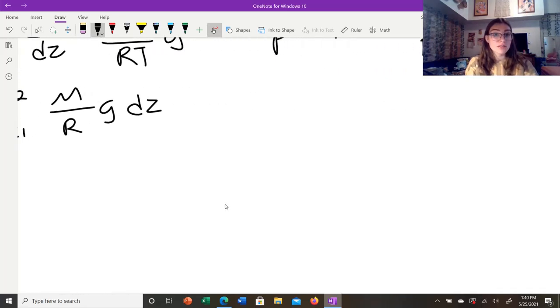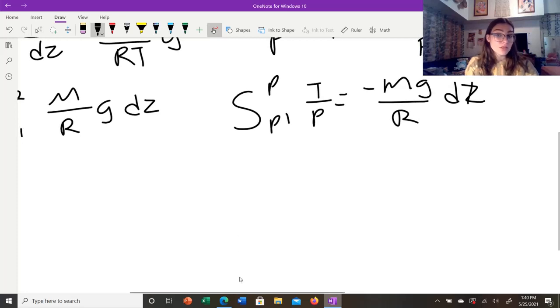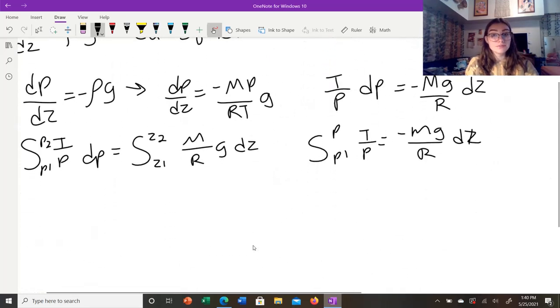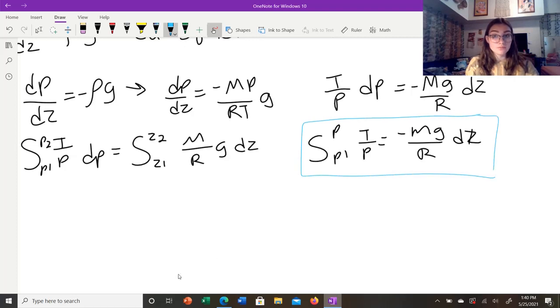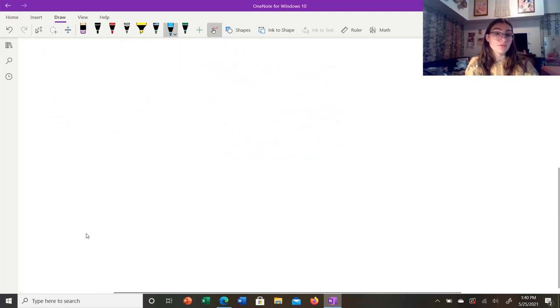From here we're going to leave the left side because it's a little bit much, and we're just going to integrate the right side. So this is an equation that we're going to need later. It's going to come super handy, so we're going to go ahead and outline this one, and then we're going to move on to our next one. That's our work for that: our original equations and our work, and the equation that we're going to keep in mind for later.